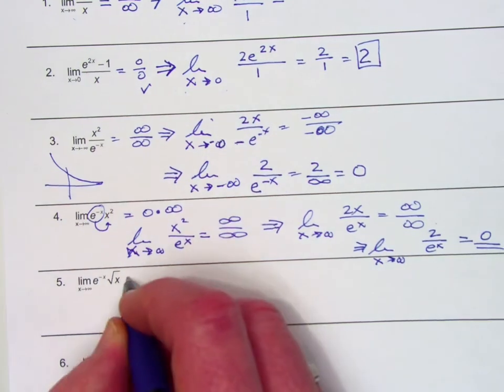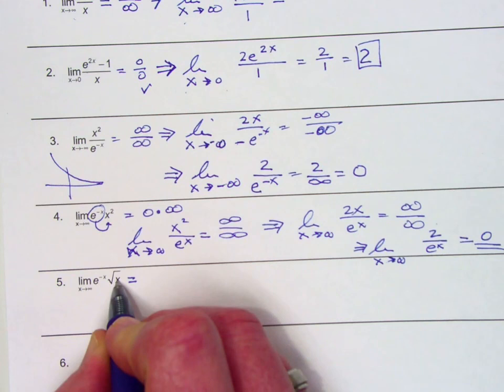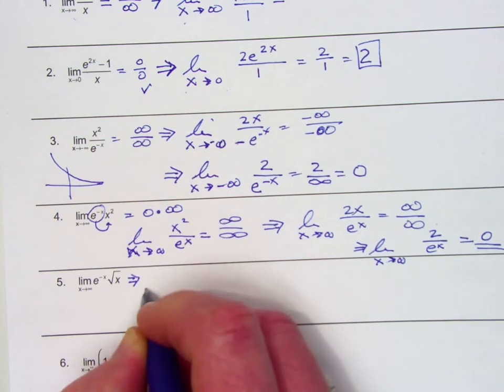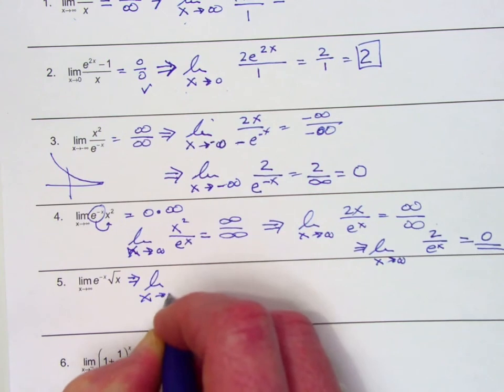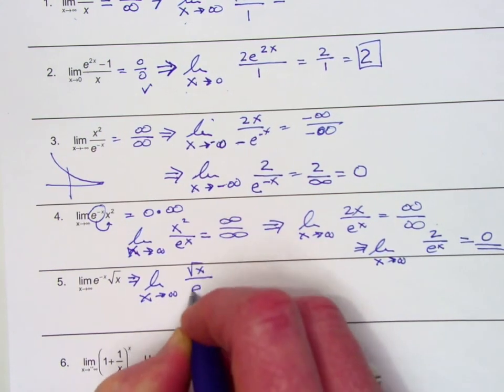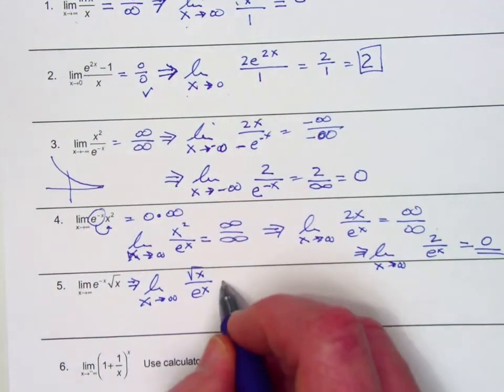Okay. So I'm going to rewrite this again because I'm going to get infinity times 0. So I'm going to rewrite this as the limit as x goes to infinity of the root of x over e to the x. So now let's take a look at this as well. What happens? Oh, direct substitution.